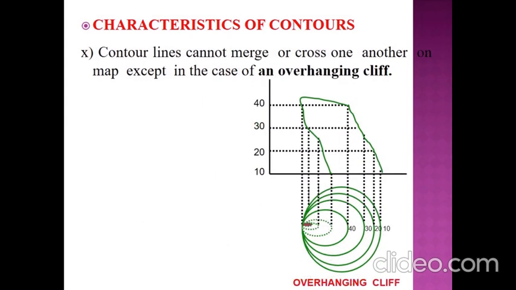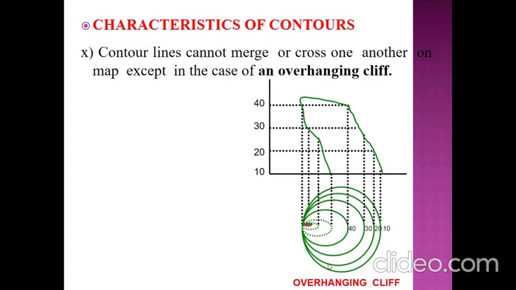Then the next characteristic: contour lines cannot merge or cross one another on a map except in the case of an overhanging cliff. See here, one cross-sectional view of the cliff is there.